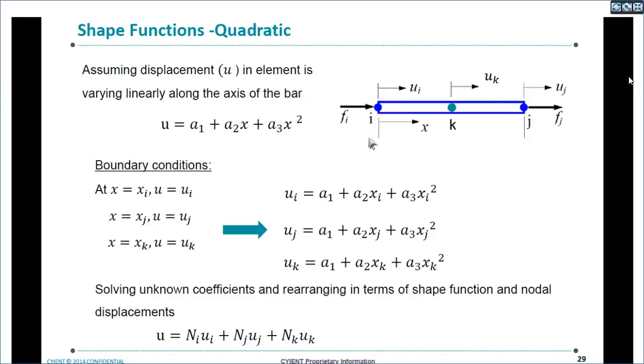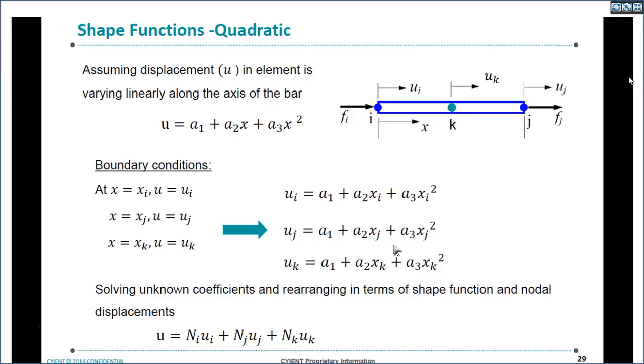So let us take the same example with a mid-side node. Then we need to assume a quadratic displacement function. When you put in the boundary conditions, at x equals xi we have displacement Ui, at x equals xj we have displacement Uj, and at x equals xk we have Uk.